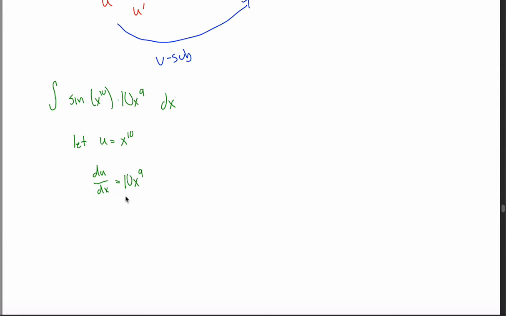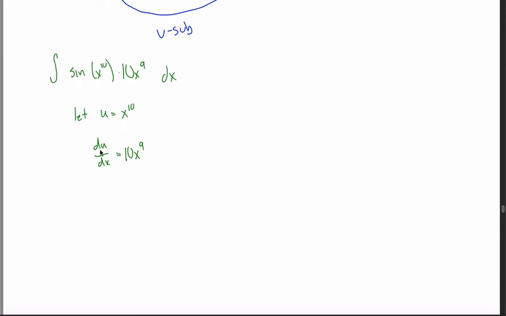But just for a moment, just to humor me, pretend this were a fraction. If this were a fraction, if this were something divided by something else, then would you be okay with me saying that the top of that fraction is equal to 10x to the 9th times the bottom of that fraction, me multiplying both sides of this fraction by dx? And you're like, well, yeah, if it were a fraction, fine, but it's not a fraction.